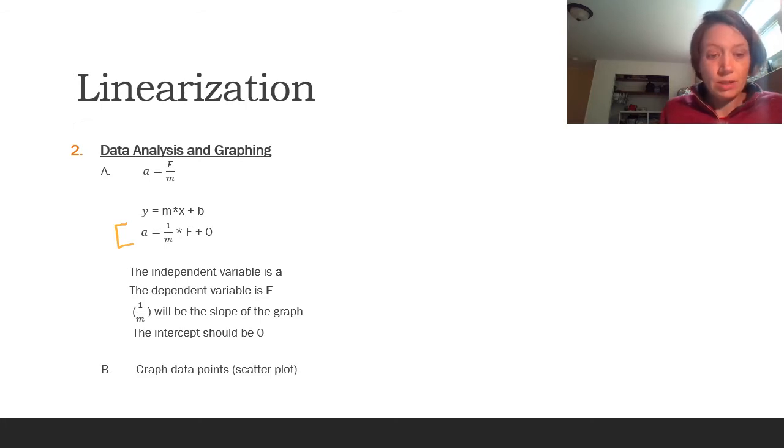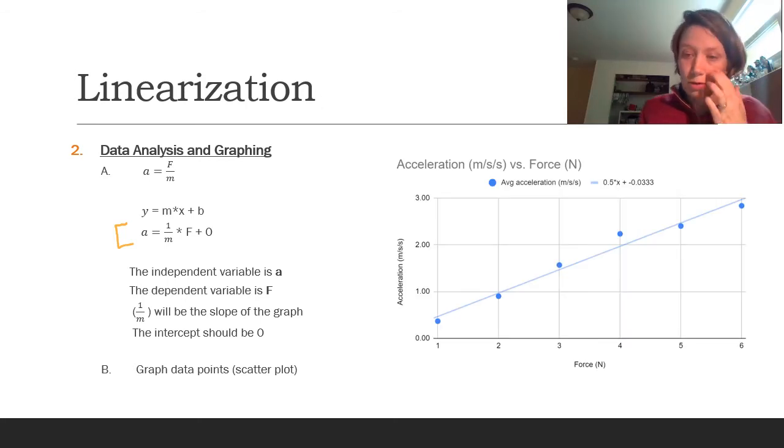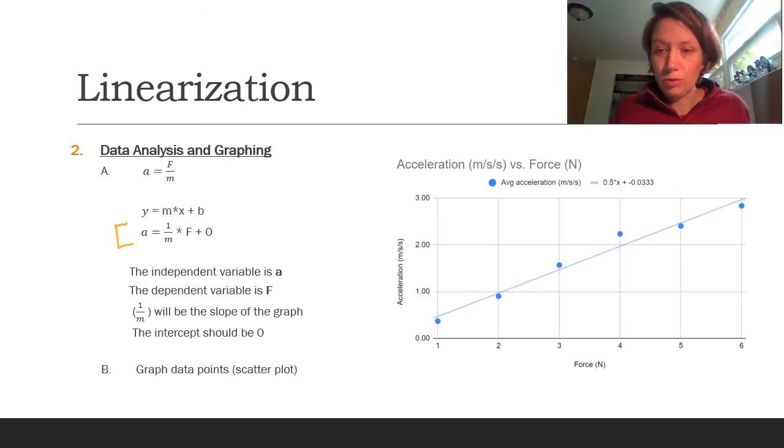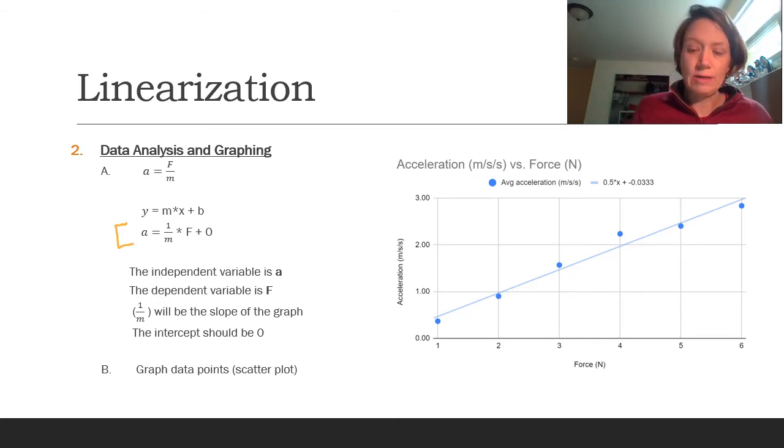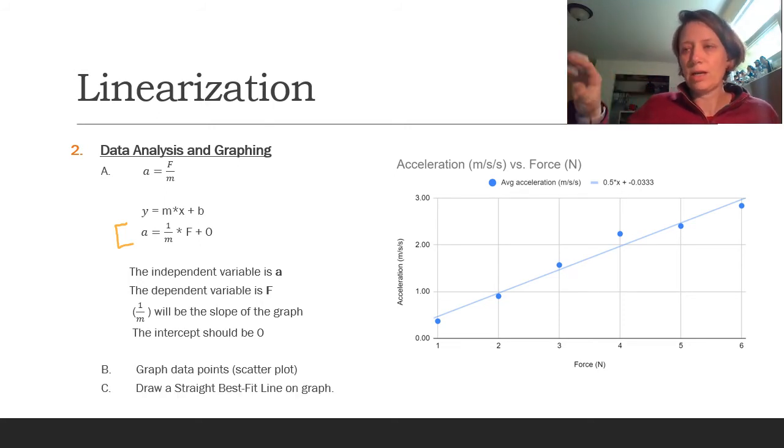So the next step is to go ahead and create your graph, and you can do that by hand or you can do it with Google Sheets. I did this with Google Sheets, and you'll see when I graphed acceleration on the y-axis and force on the x-axis, my data lined up in a nice linear graph. I then used the customize setup tool and got into the series and clicked on trend line.